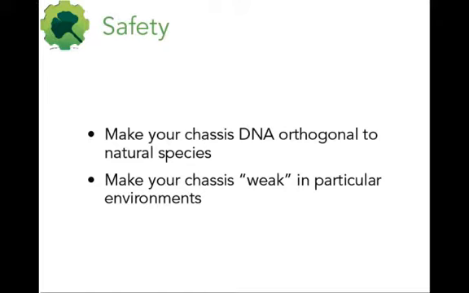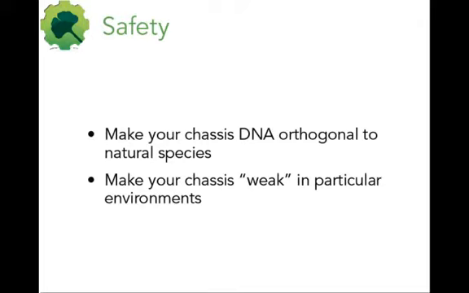That is, by loading in some of these features or by stripping away from these cells things that are useful for the cell to survive in the wild, it automatically weakens that cell versus the wild type cells that we might find. And so should that chassis escape, its likelihood of surviving outside of a laboratory environment diminishes. And then there are ways to further ensure that escaped chassis, if they should accidentally be released, would not be able to survive in an environment that, say, lacks a particular nutrient.